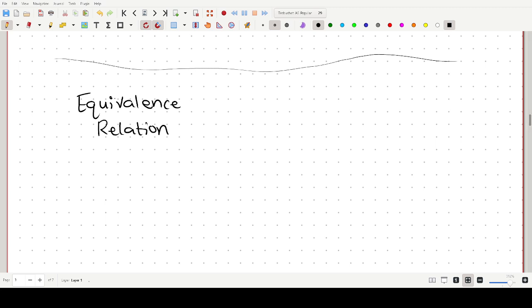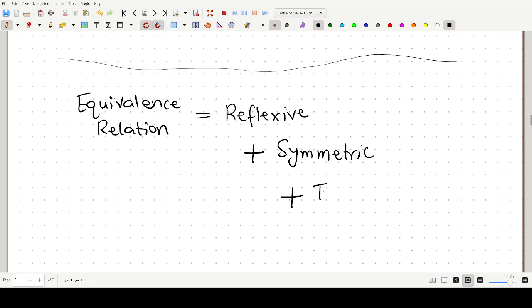So, an equivalence relation is a relation that satisfies the condition of reflexivity. It satisfies the conditions for symmetricity, and it satisfies the definition of transitivity.